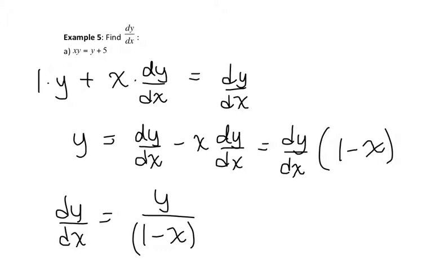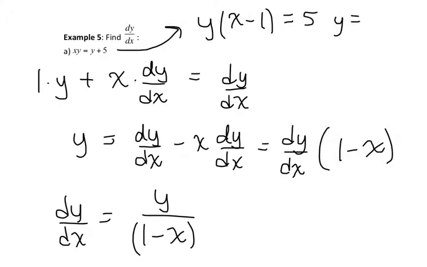If I wanted to go further, I could come back to my original and try to isolate y. Doing that would be the same as explicitly differentiating it. So if I isolated y here, I would have y times x minus 1 equals 5. So then my y value is equal to 5 divided by x minus 1.